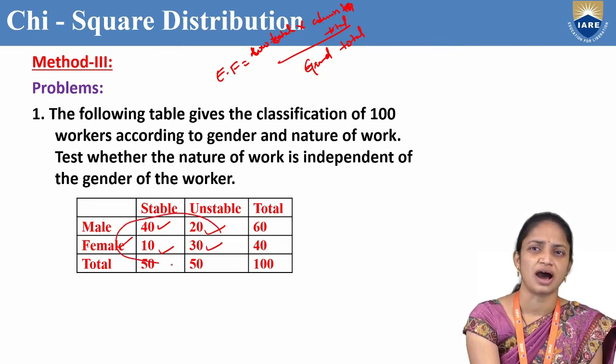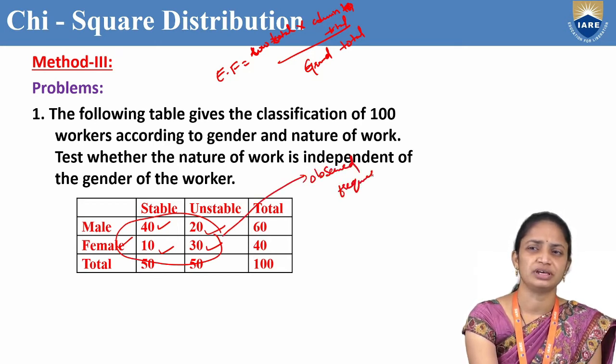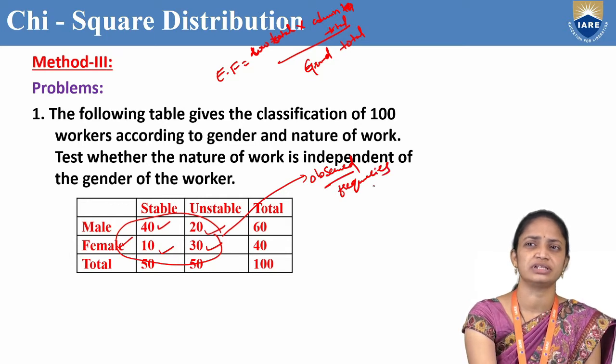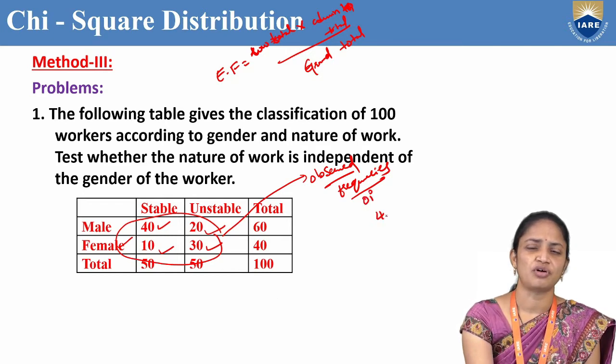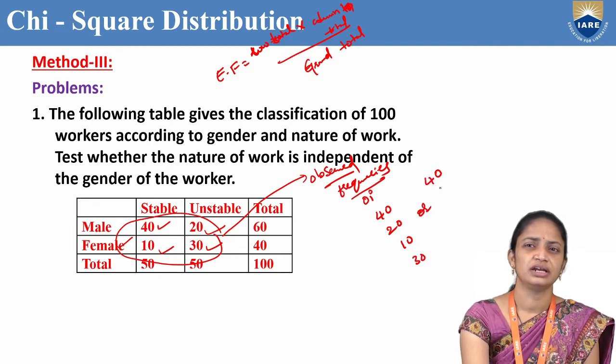These four are observed frequencies. We know that the given frequencies are always observed frequencies. That means the Oi values are 40, 20, 10, 30, or you can take them like this also: 40, 10, 20, 30.